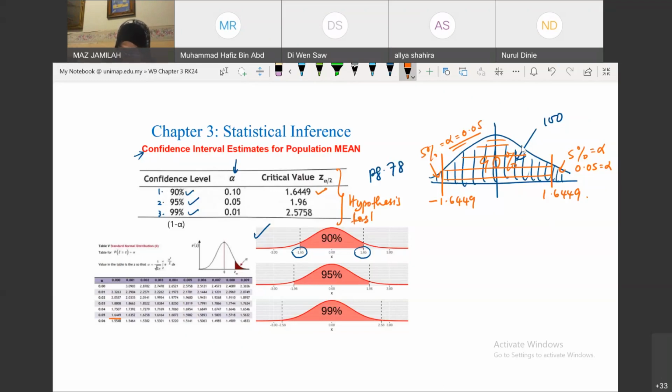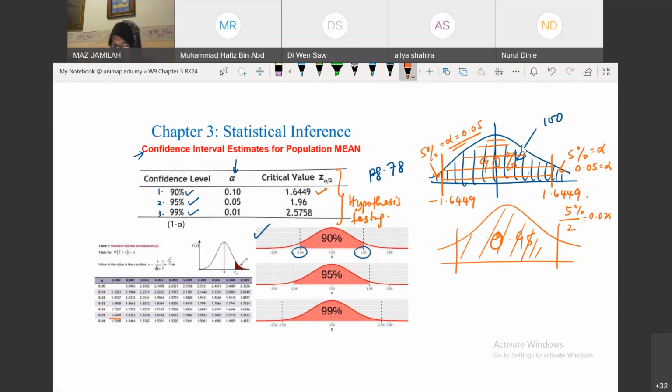Hypothesis testing. What about if we are talking about 95%? So the middle one is 0.95. The rest of it is 5%, divided by 2, so you will have 0.025 here and 0.025 here.